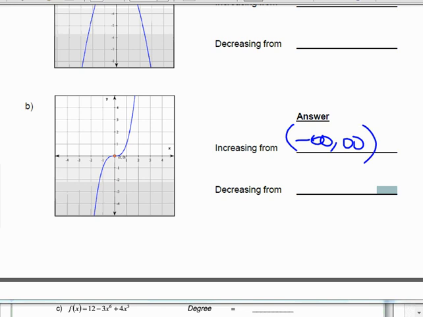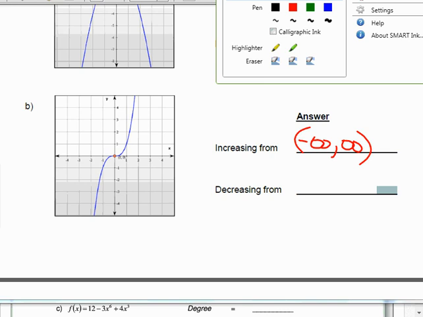It never is. Again, if you wanted to break it up into negative infinity to 0, and then union with 0 to infinity, but that's not as good because it's much more likely you're going to screw up something. So I would just have said negative infinity to positive infinity.